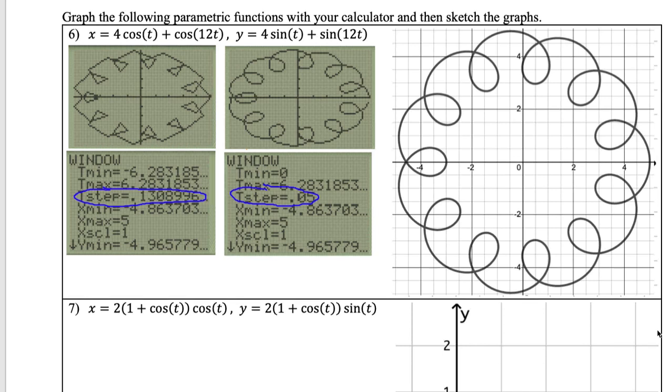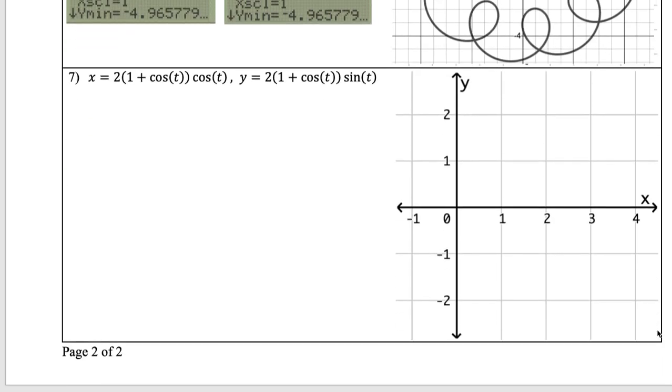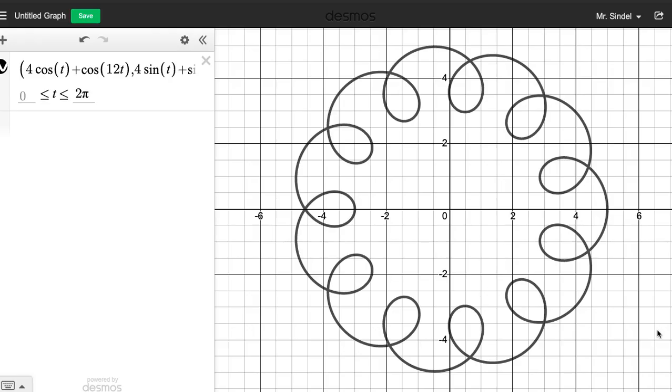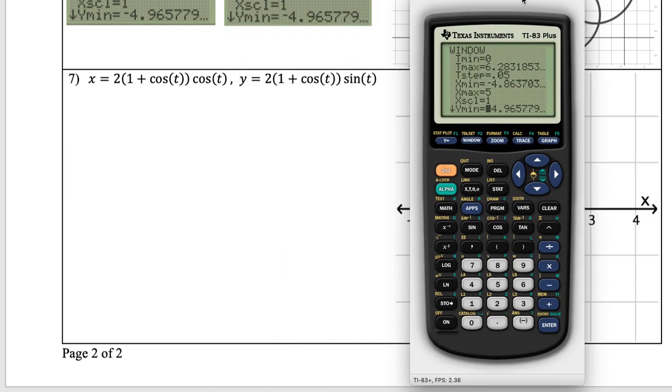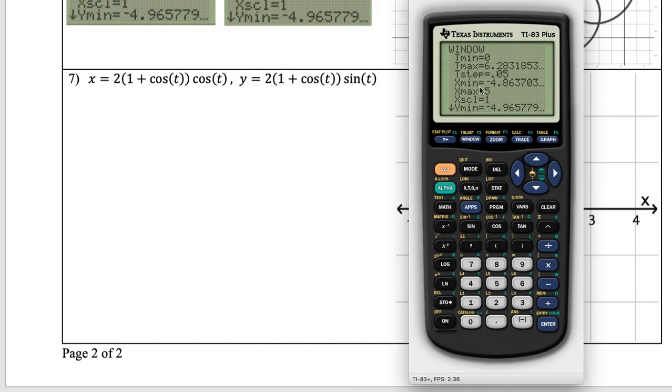All right, let's do number 7. So again, on the calculator, how do we do this? I'm going to leave my step size nice and low at 0.05, and I think 0 to 2 pi is still going to be perfectly fine. So let's clear these. This is going to be 2 times (1 plus cosine of t), and I don't have to hit the times button before cosine of t.